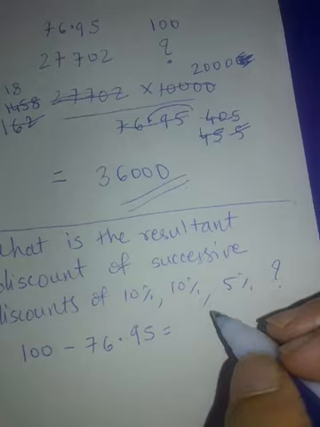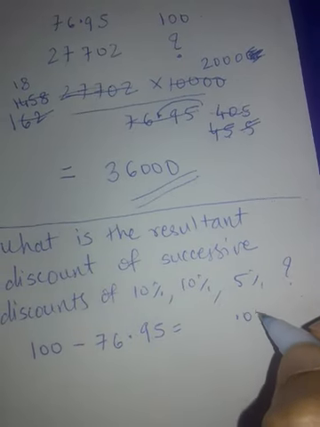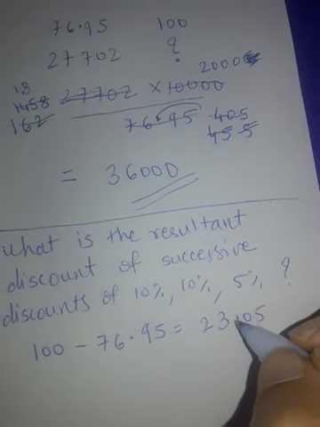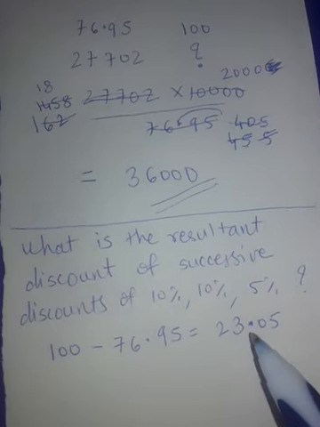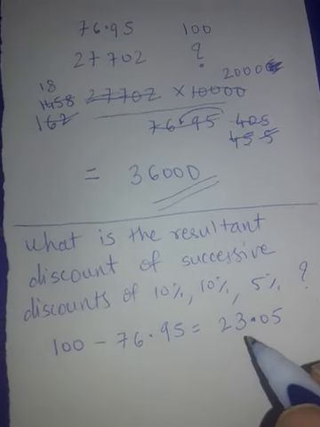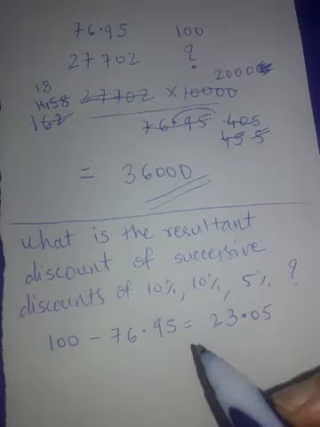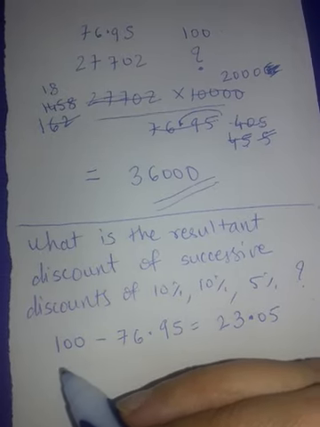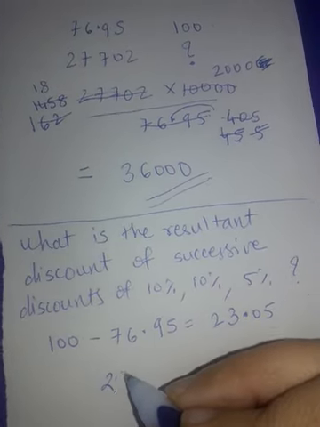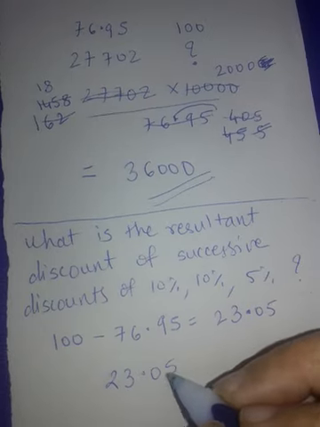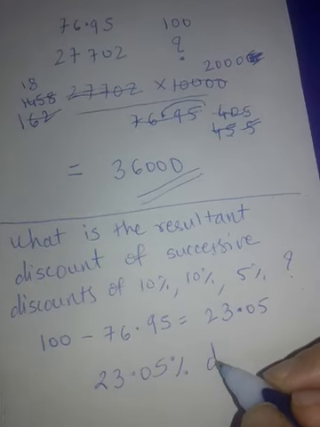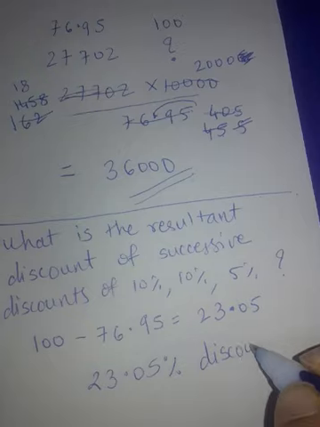100 minus 76.95, how much is it? It is 23.05. Now this 23.05 is the discount on 100. The base is again 100. That means it is 23.05% discount per 100.